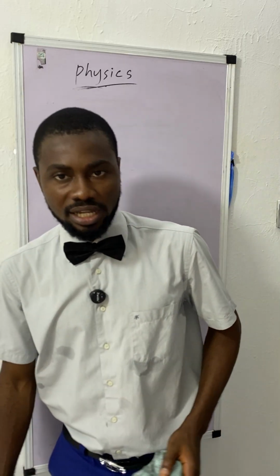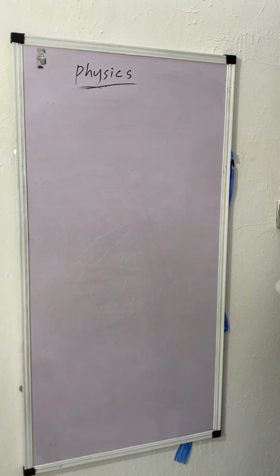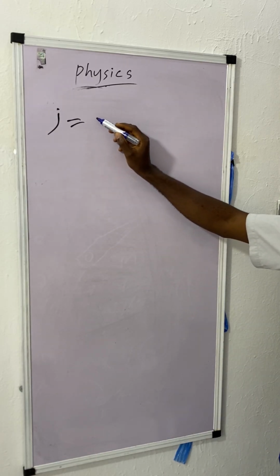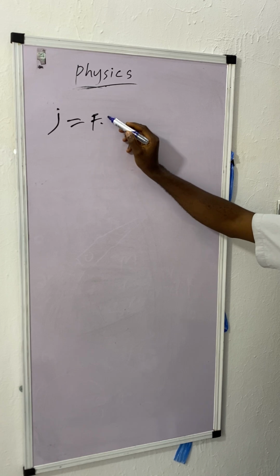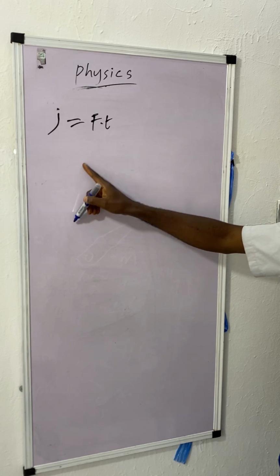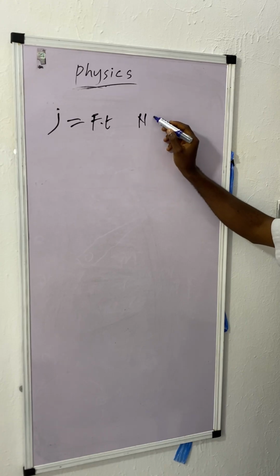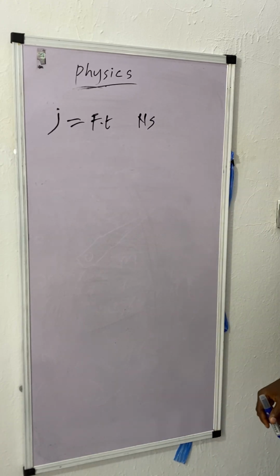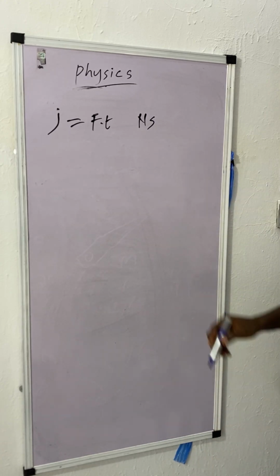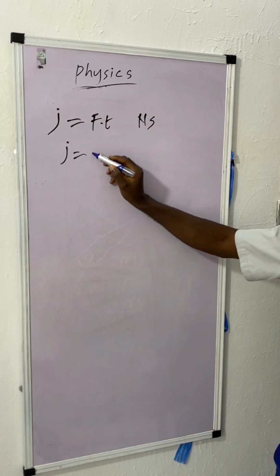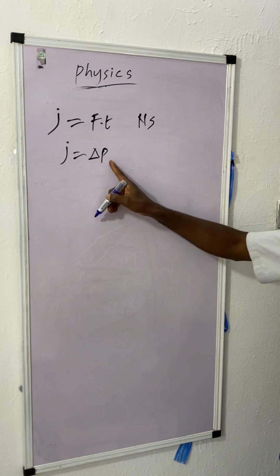You push me, the person responds. There's a change in momentum. That is what? Impulse. And impulse, which is J, is equal to force times time. Because it's force times time, the SI unit will be Newton second. Then we also have to note that impulse, J, is equal to change in momentum.